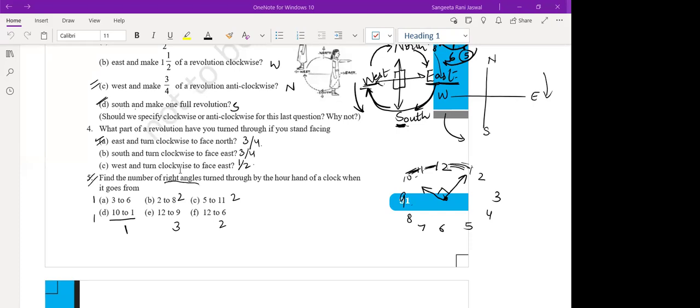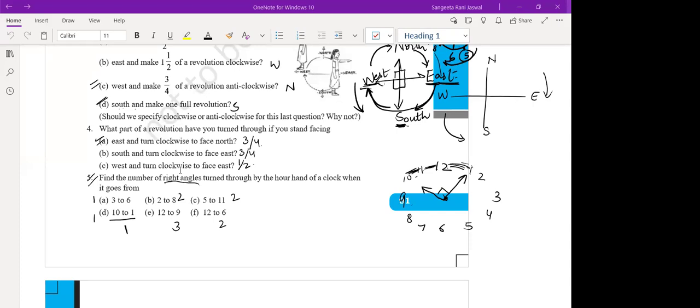What part of a revolution have you turned through if you stand facing east and turn clockwise to face north? Understand the question here? Ma'am, 3/4.